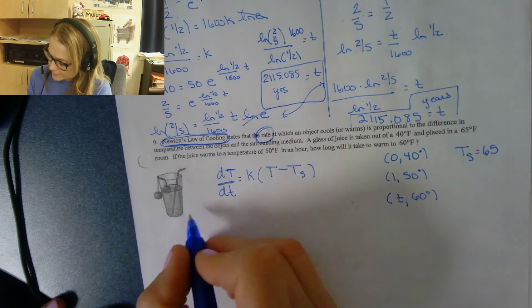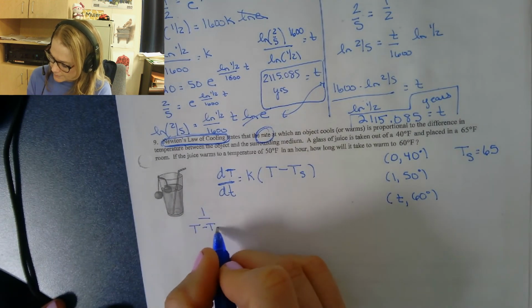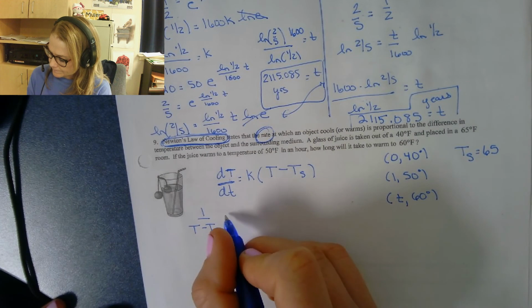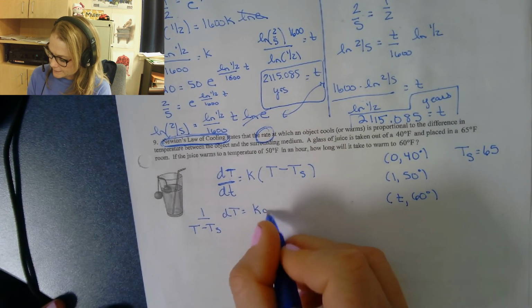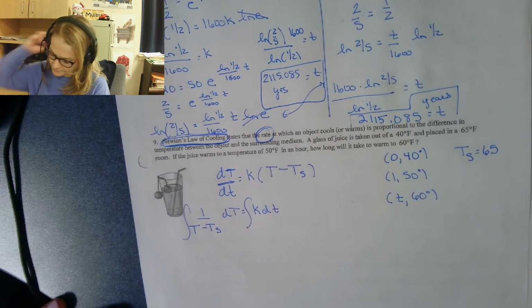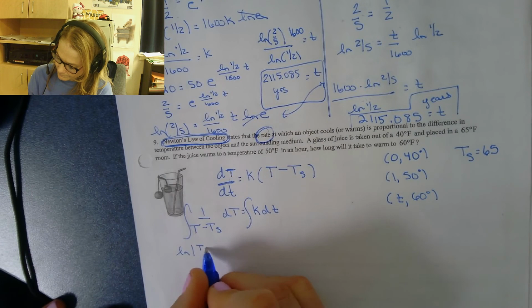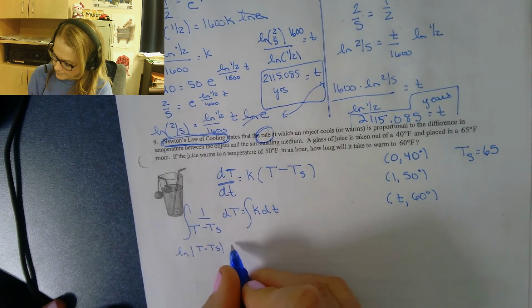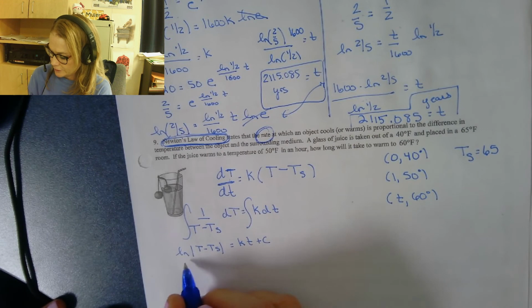Okay, so this is 1 over T minus T surrounding dT equals k dt. So this is temperature and this is time. So integrate. All right, so ln of the absolute value of T minus T surrounding equals kt plus C. Exponentiate.